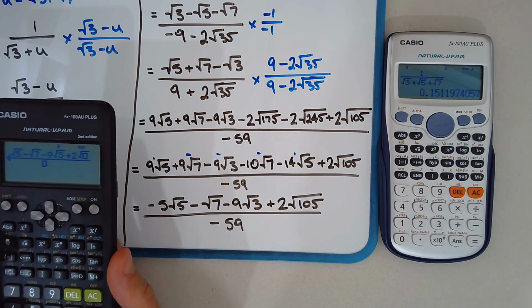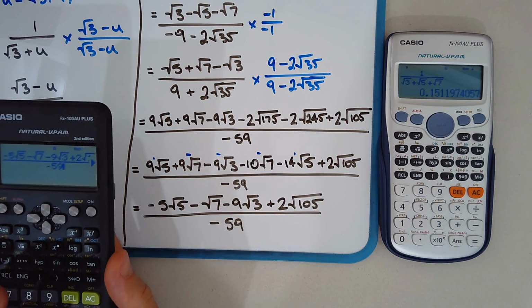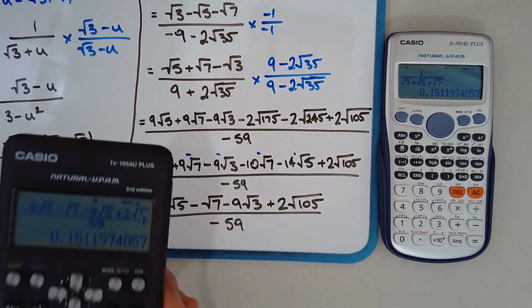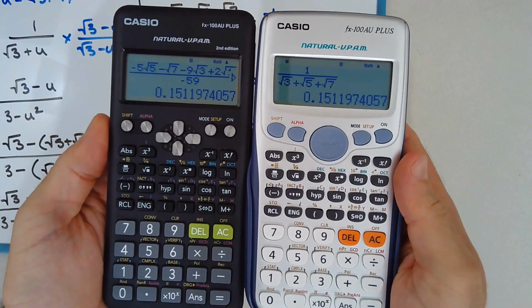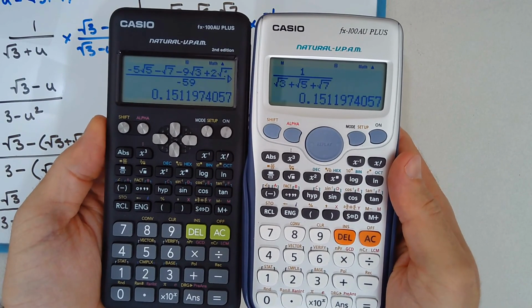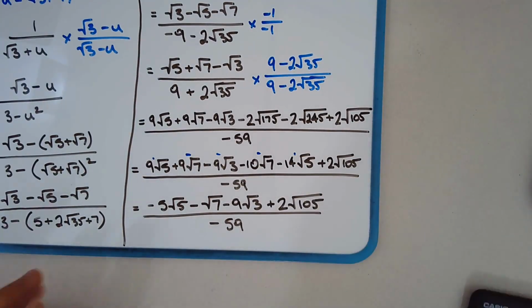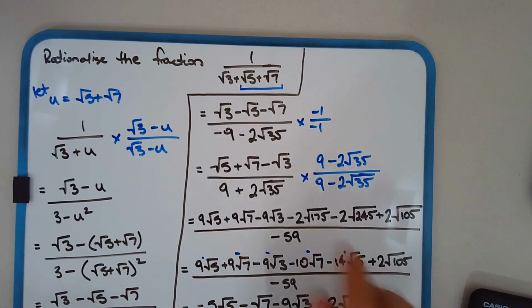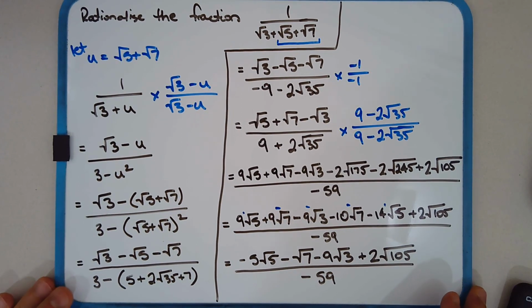All right, we're all waiting in suspense. Aha. There you go. I think we're reasonably confident that what we just came up with there is the rationalized version of this. All right. Hope you enjoyed this video. Thank you very much for watching.